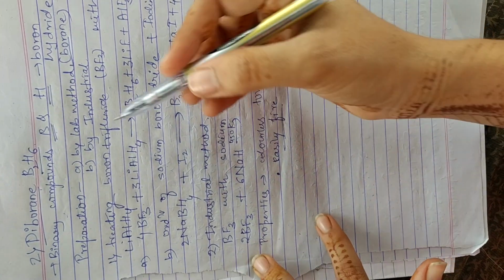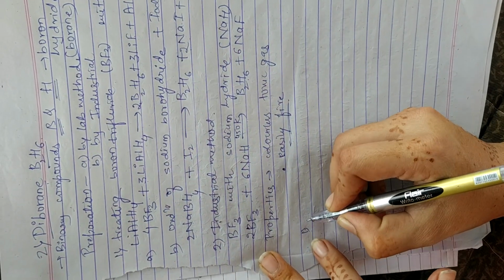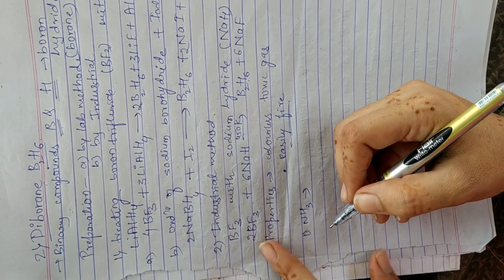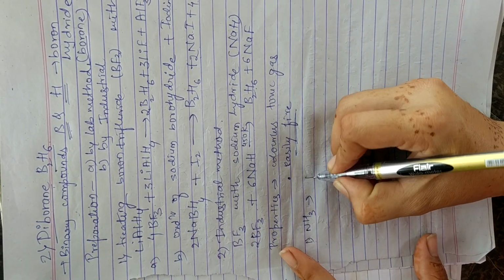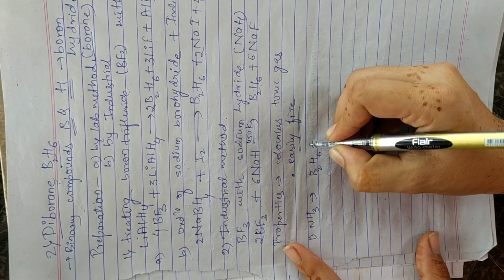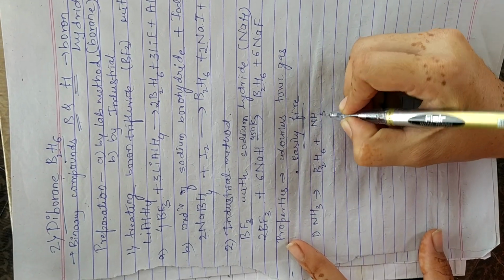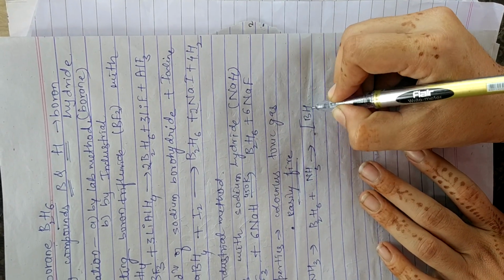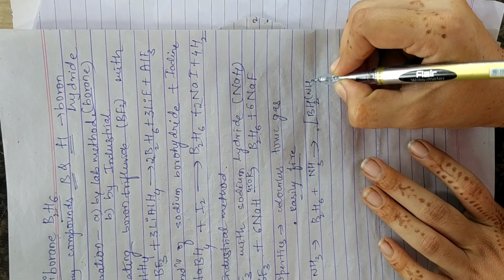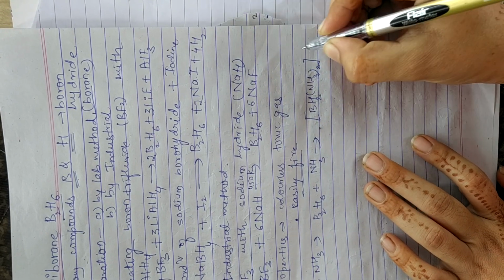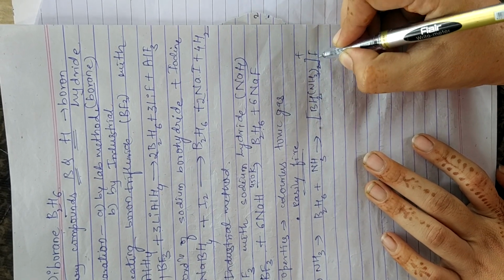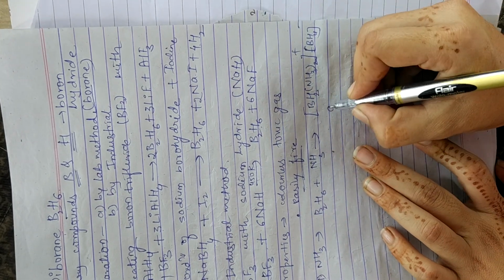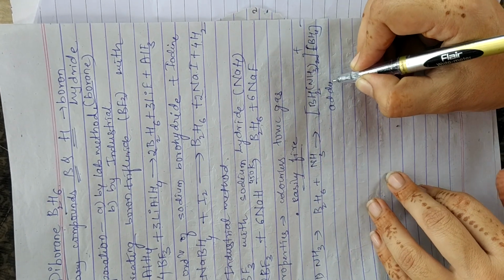And if this diborane reacts with ammonia, it will give the adduct. If diborane reacts with ammonia, it will give the adduct as [BH2(NH3)2]+ plus BH4−. This is called the adduct.